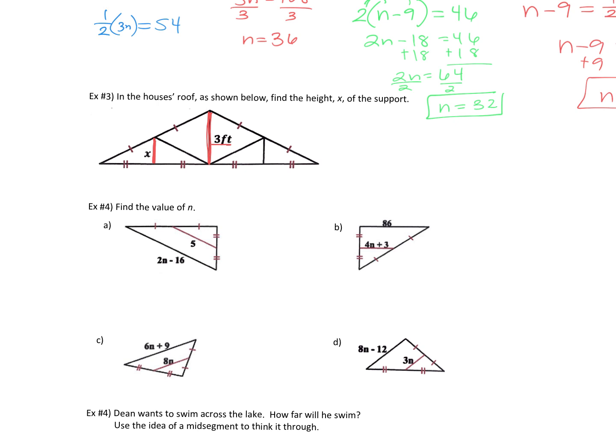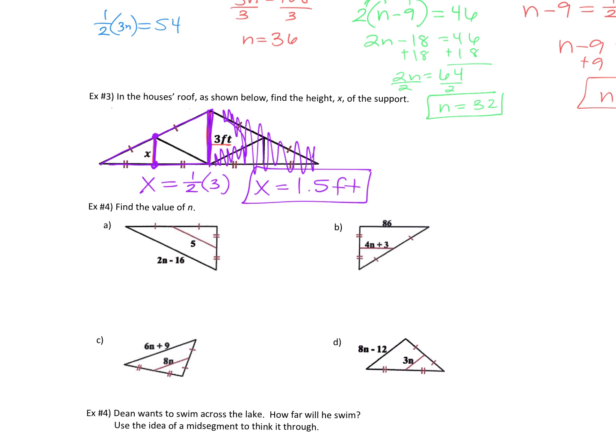Yeah, that is a midsegment. X is a midsegment. Basically what you're doing right now, guys, is you're just completely ignoring that, and you're looking at this as your triangle. If that's my triangle, this is a midpoint, and this is a midpoint, making this a midsegment. The side parallel to it is the 3, right? So x is half of 3, which means x would be 1.5 feet.